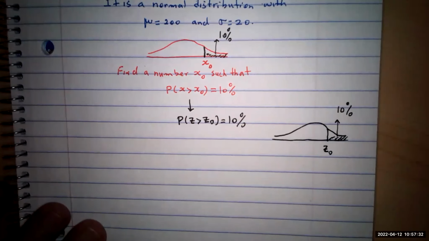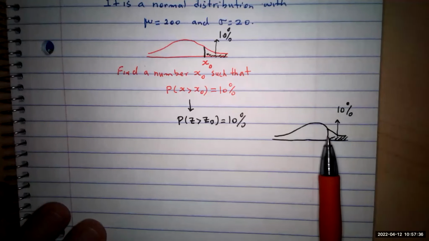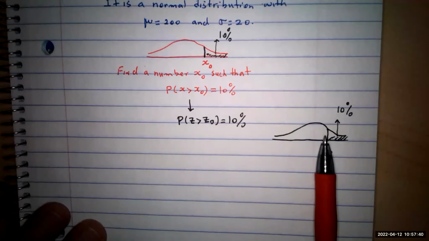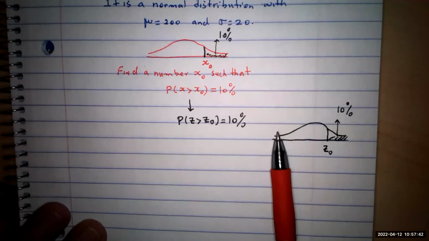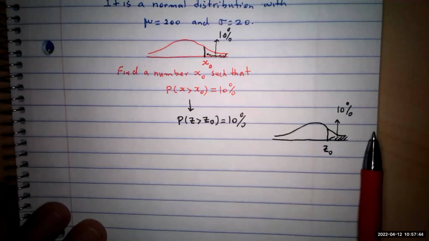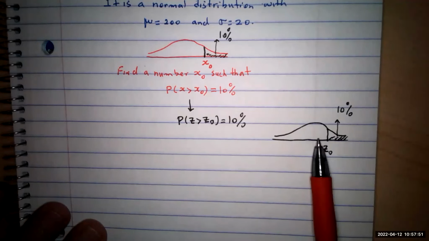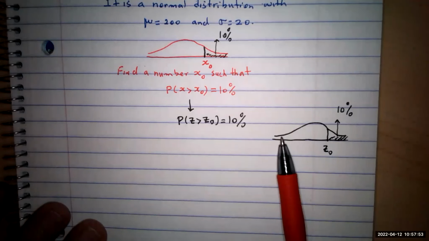Okay, but the table or the calculator, it doesn't matter. The table gives you the area to the left, not the area to the right. So if the area to the right is 10%, what's going to be the area to the left here? Any suggestion?